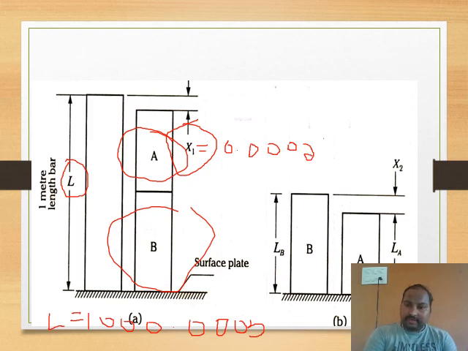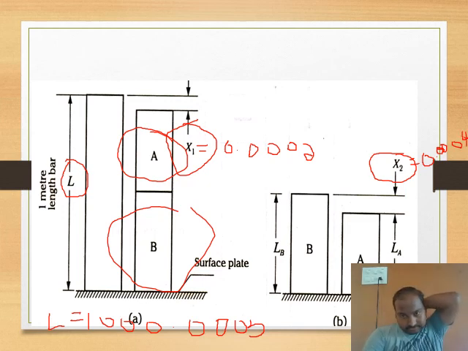Similarly, when I compare LA with LB, the given question says LA is shorter than LB by a length of x2, which is equal to 0.00004.